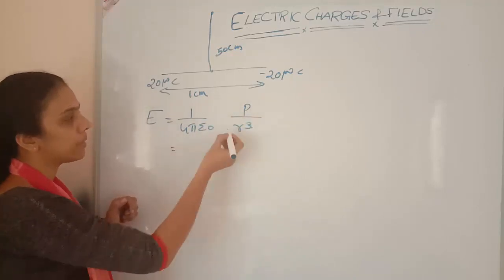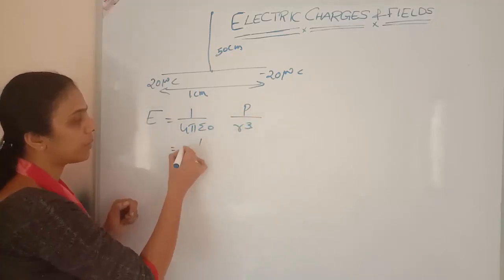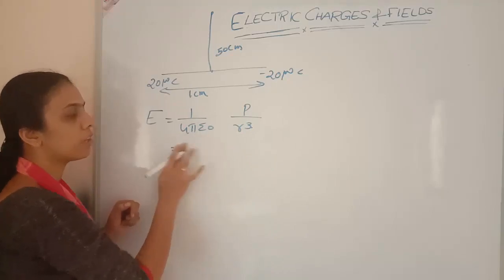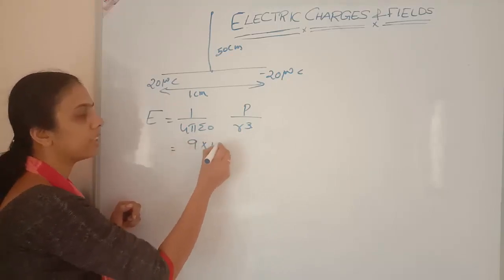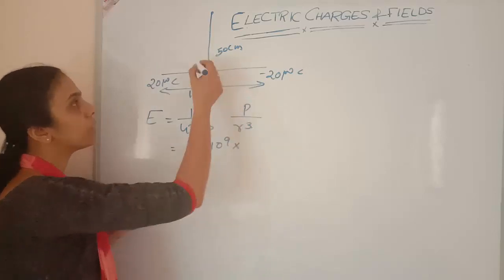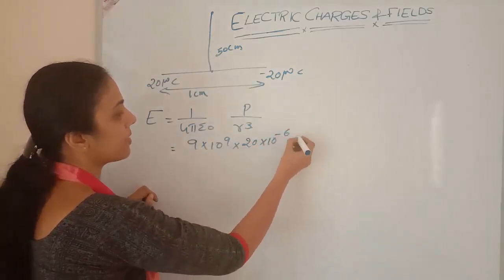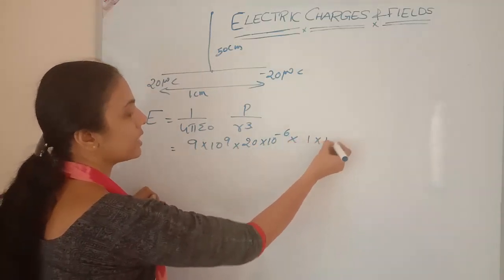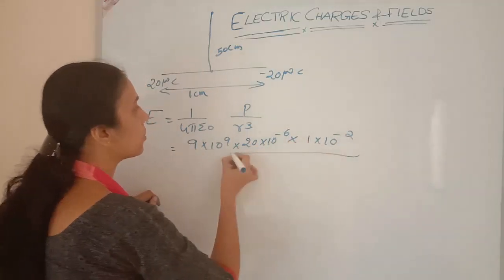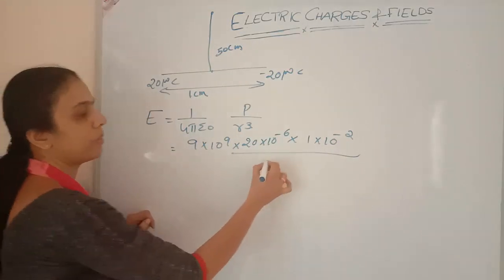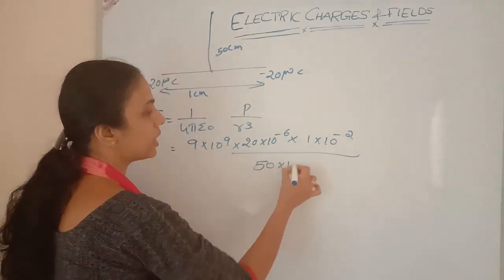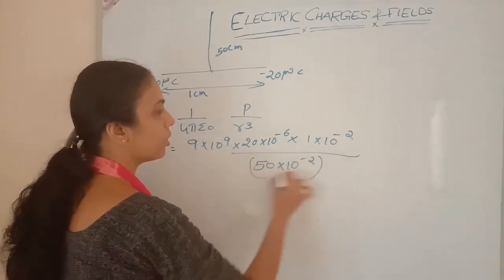What is the value of 1 by 4 pi epsilon 0? 9 into 10 to the power 9. Q is 20 microcoulomb, that is 10 to the power minus 6. 2A is 1 centimeter, 1 into 10 to the power minus 2, divided by R cube, 50 into 10 to the power minus 2, the whole cube.